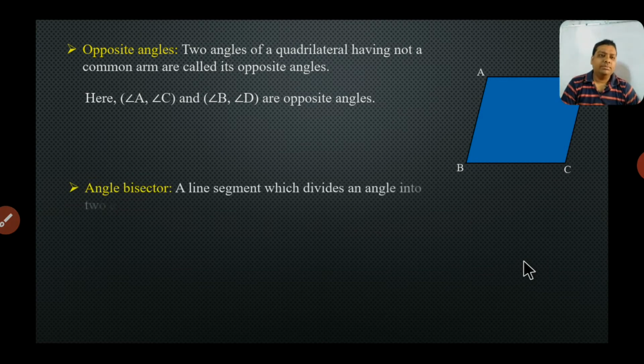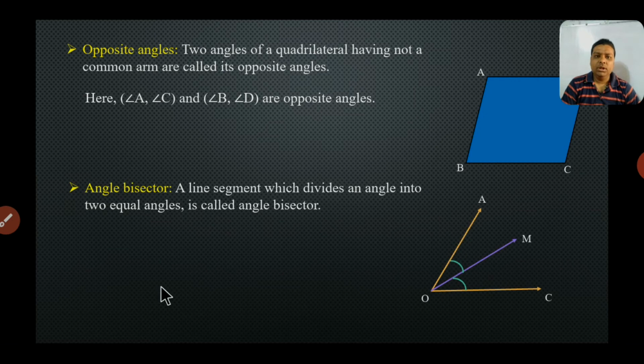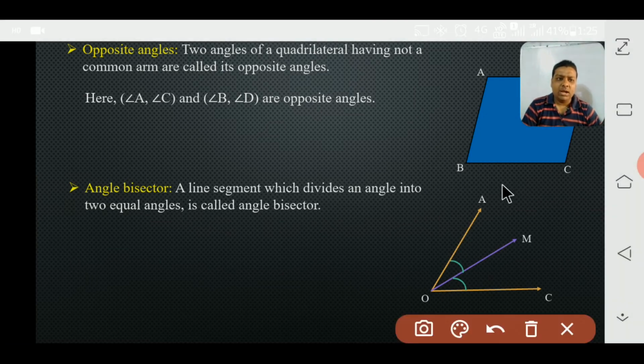Now, the angle bisector. A line segment which divides an angle into two equal angles is called an angle bisector. You can see in this figure that angle AOC is a common angle, and OM is the angle bisector. If it is bisecting the angle, we call it an angle bisector.